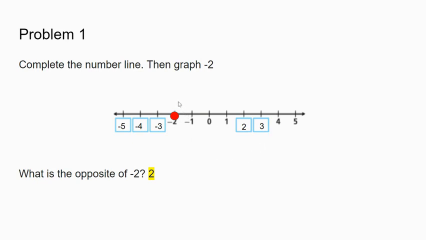We graphed -1 on our number line, -2 on our number line with the red dot. We also plotted -3, -4, and -5. The opposite of -2 is 2 because they are the same distance from 0. The sum of -2 and 2 is 0.